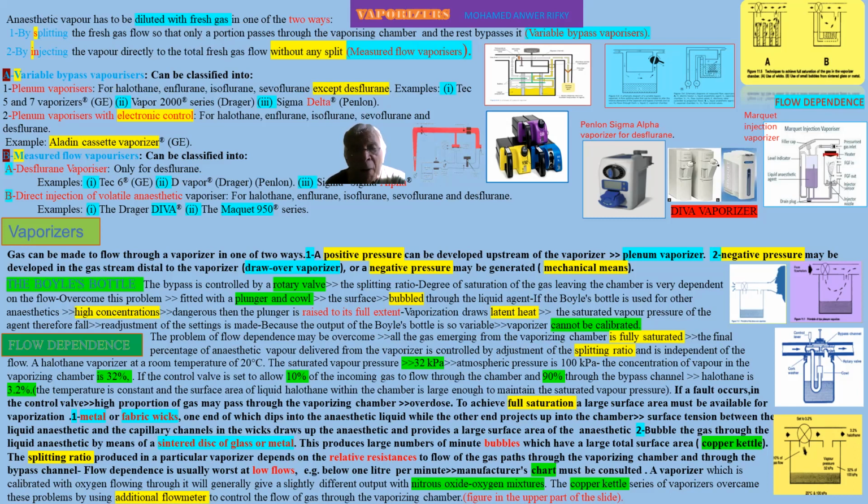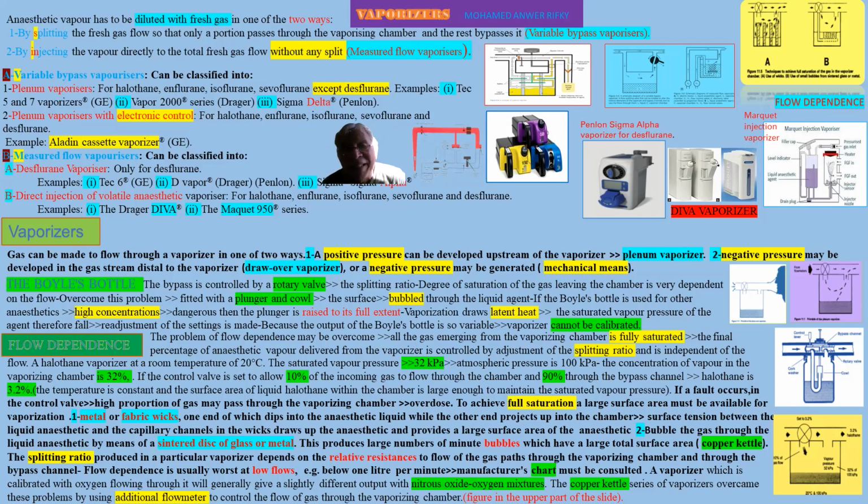As you can see, wicks are material or fabric, half of which is dipped in the liquid anesthetic. Through the capillaries of this dipped material, the surface area is increased much, and so we can increase the concentration. This is one of the methods.